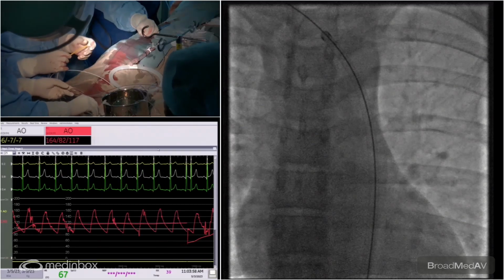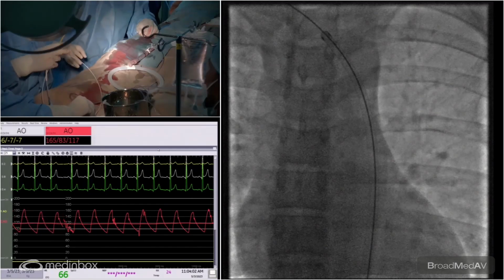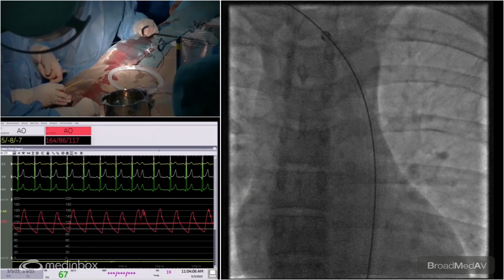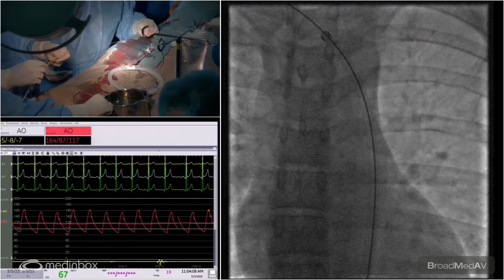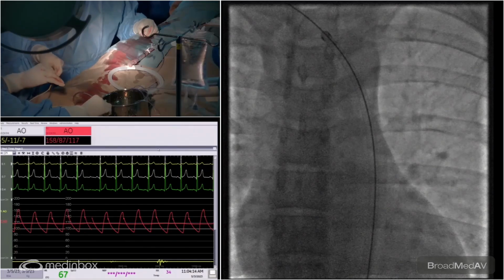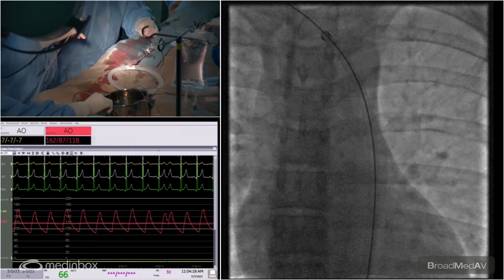What are the different bare metal stents that can be used in the coarctation? Yeah, traditionally the stents that have been used have been Palmaz XL, which is available as 4014, 5014. These are the XL series. These stents can be dilated to a maximum of 25 millimeters.